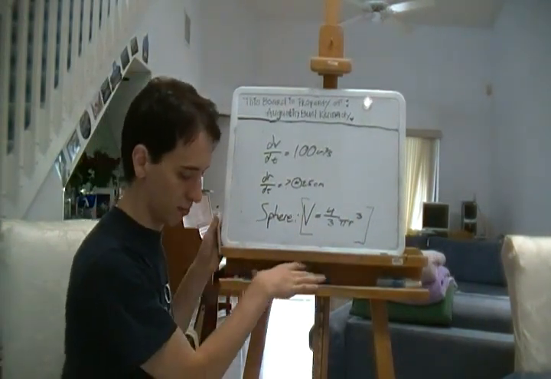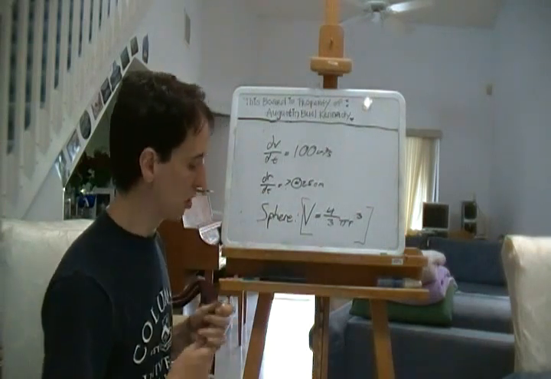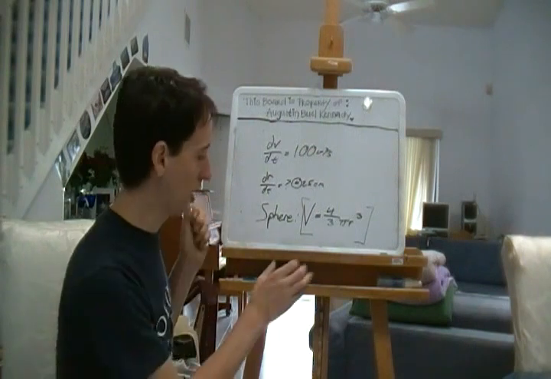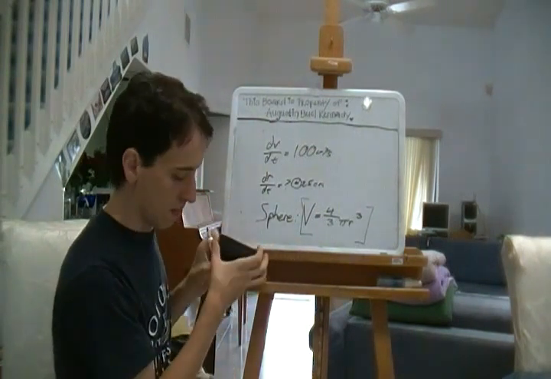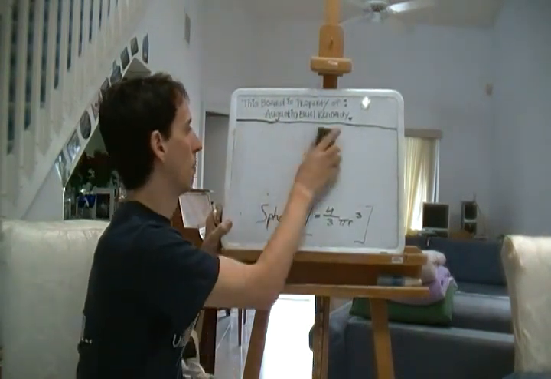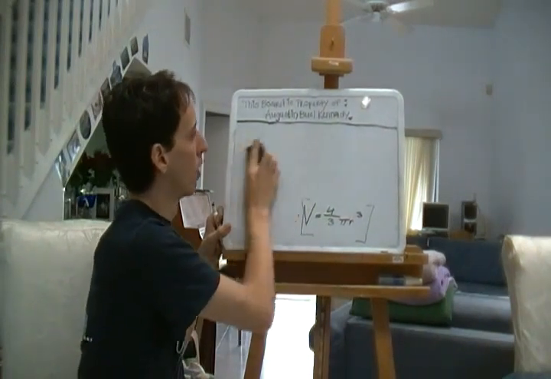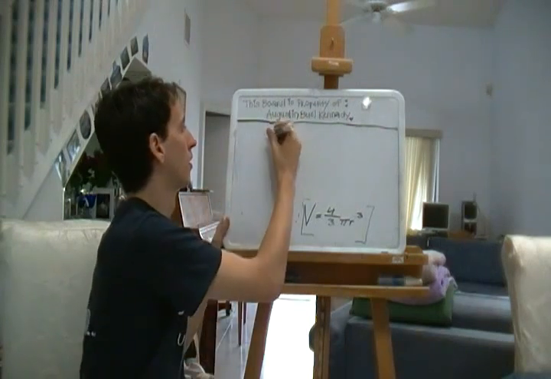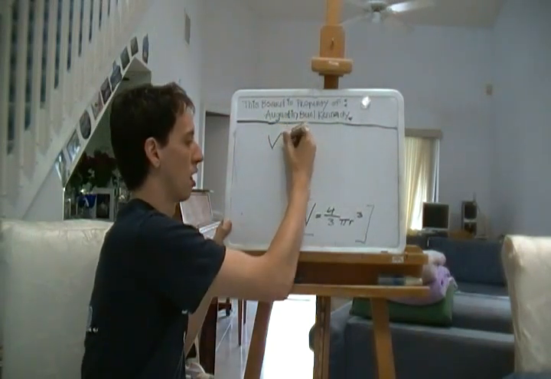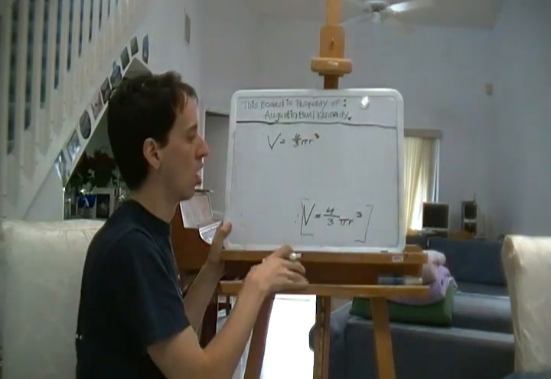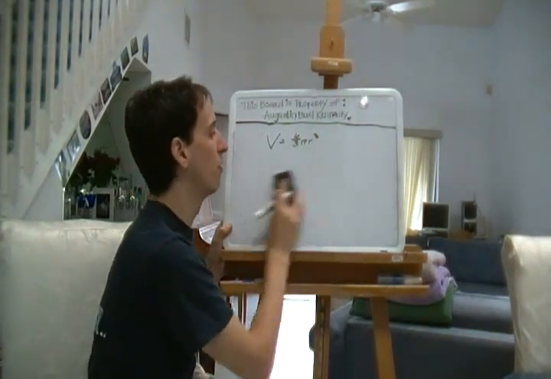What we're going to do is differentiate this. Here's how we're going to do it. V equals 4/3 pi r cubed. What would the derivative of V be? What would V prime be?